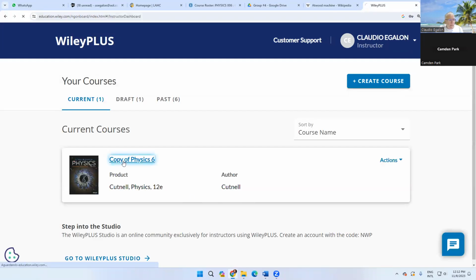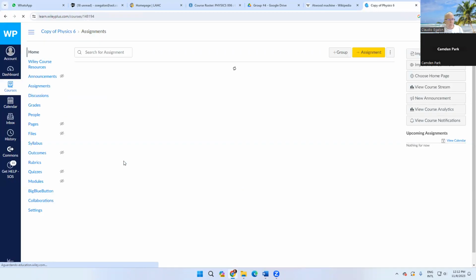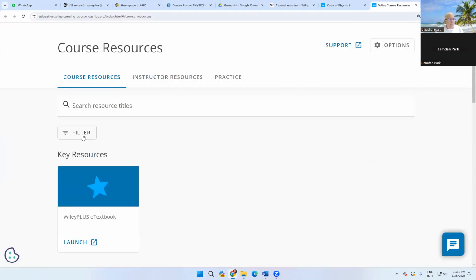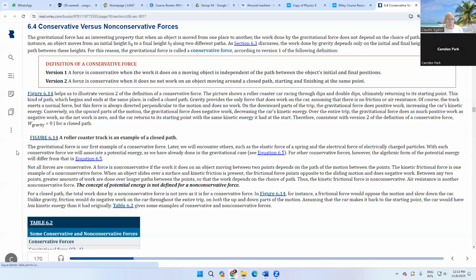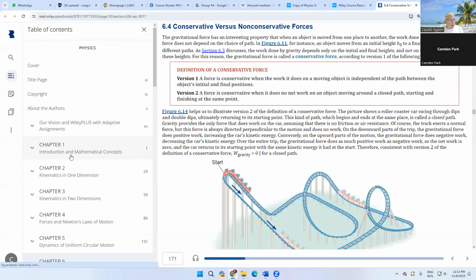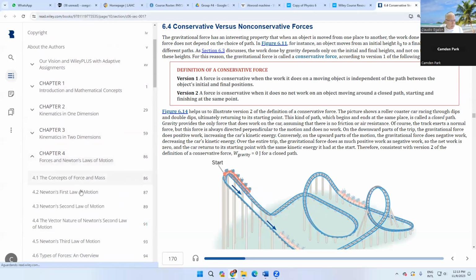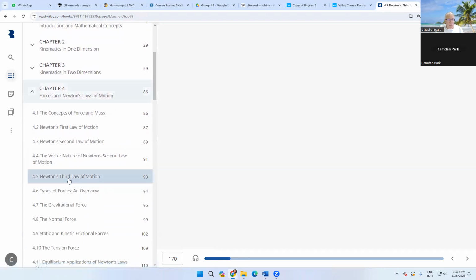Okay. 4.5, Newton's third law of motion.